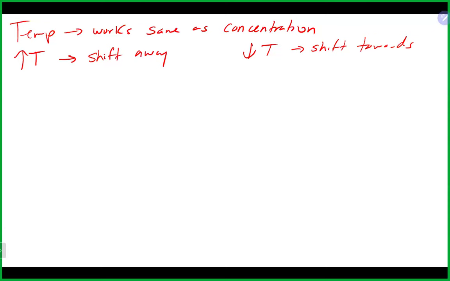So the reaction will be one of two things. It will be either an exothermic reaction. And exothermic reactions means that energy is released. So when we think about exothermic reactions, we think of heat and energy and temperature, if you will, as being a product.